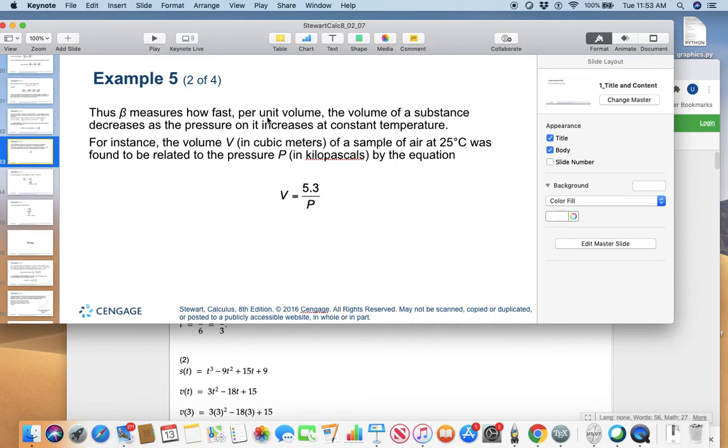Beta measures how fast, per unit volume, the volume of a substance decreases as the pressure on it increases. For instance, if the volume V of a sample of air at 25 degrees centigrade was found to be related to the pressure P, where P is measured in kilopascals, by the equation V is 5.3 over P.